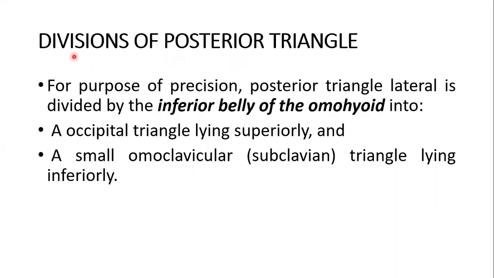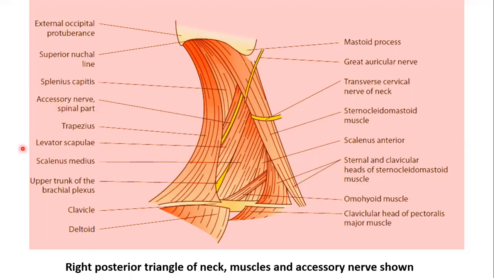Now, the divisions of the posterior triangle that I've already told you: the inferior belly of the omohyoid divides it. Below this is the subclavian triangle, and above is the occipital triangle. This is occipital, near the occipital bone, and the subclavian triangle is so called due to the presence of the third part of the subclavian artery.